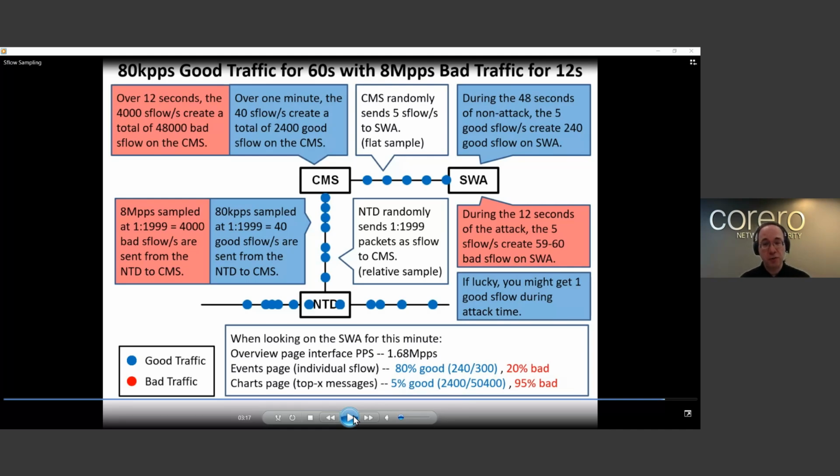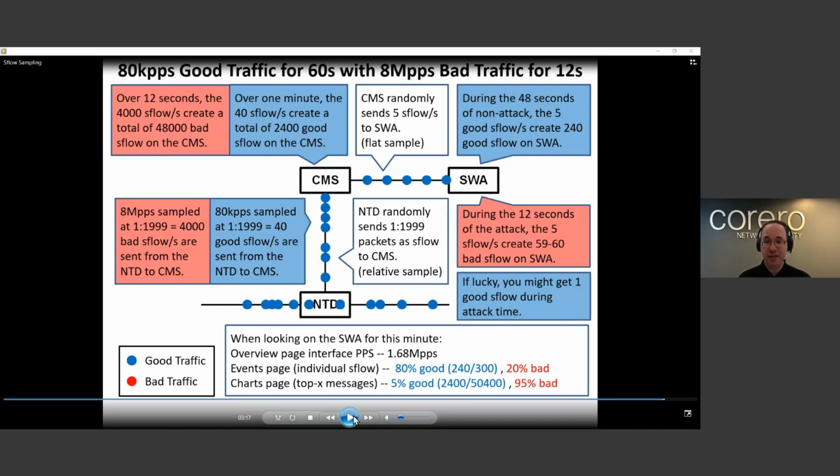So if you look on the charts page, it looks at the 50,000 some samples it received over the minute and goes, only 2,400 good samples over 50,000. Wow. That's a very small percentage of good traffic. The rest is bad. Now, to make things more interesting, when you look at the overview page, and this is another problem that networking and DDoS have all the time, it'll say, I saw 1.68 million PPS.